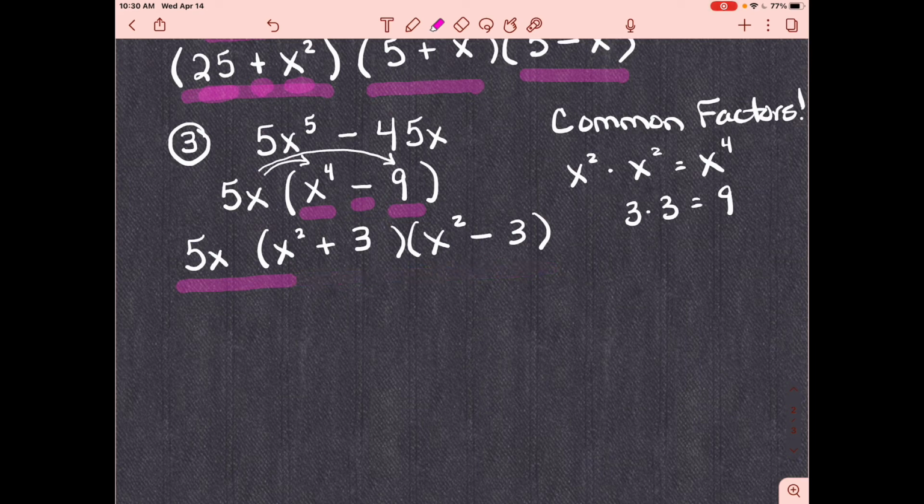X plus 3, and I'm going to factor this into two binomials, x plus 1 and x minus 1. All right, if I were to use FOIL, that would go back to x squared minus 1, and look what I have. 1, 2, 3, 4 factors. That's pretty cool.